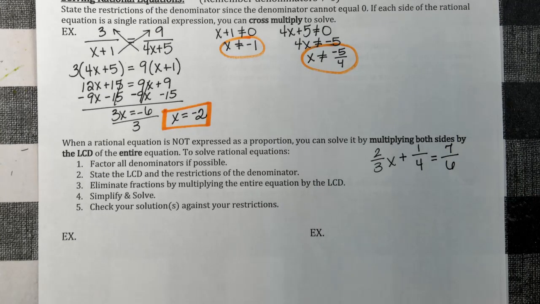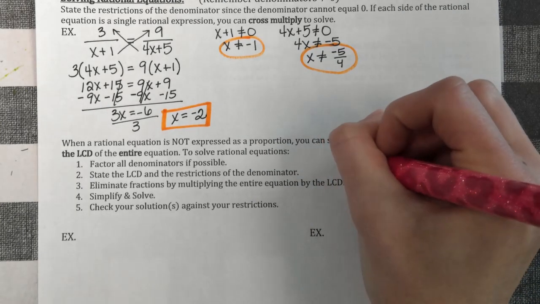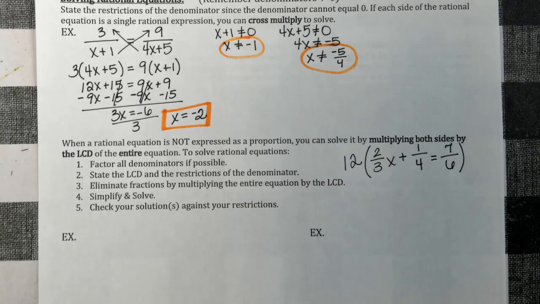If I had that, and you didn't want to work with fractions, you can multiply everything by a number that will cancel out all of those denominators, okay? That would be your common denominator. If I took a 3, a 4, and a 6, my common denominator would be what? 12. So if I took a common denominator and just multiplied by that 12, 12 is the number that will cancel all of those denominators out.